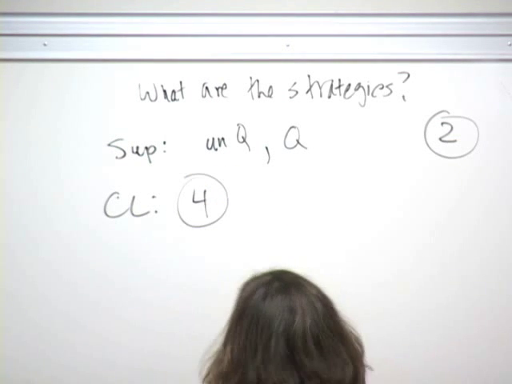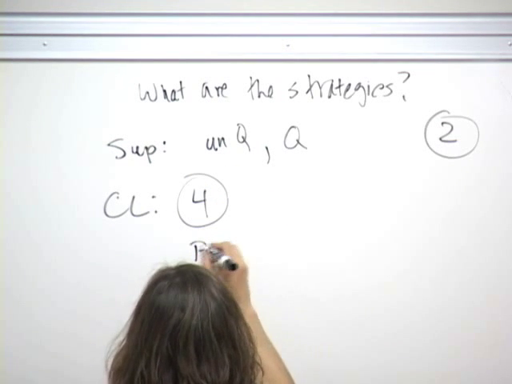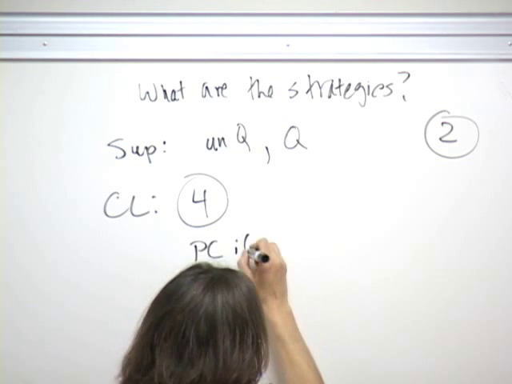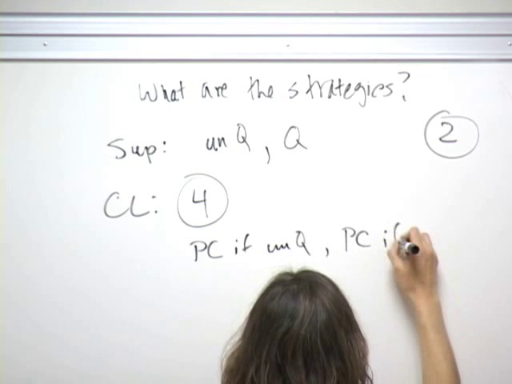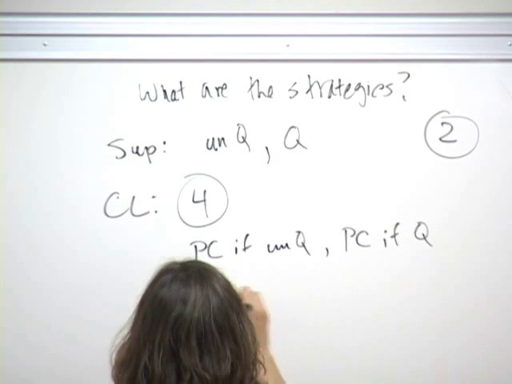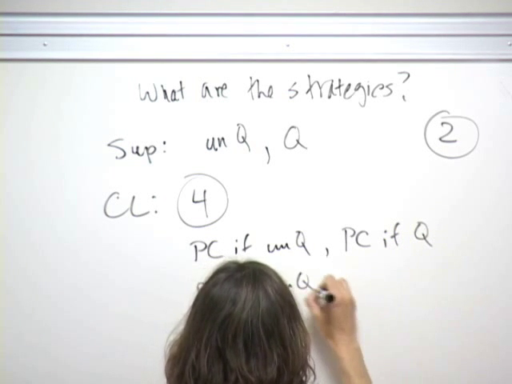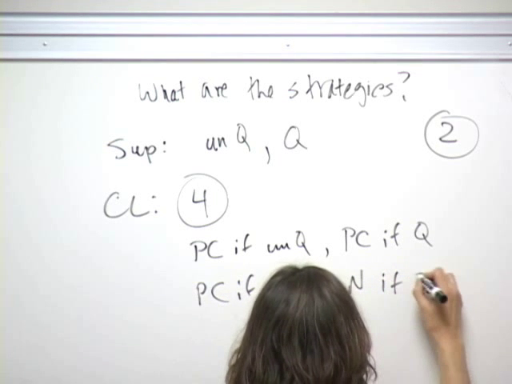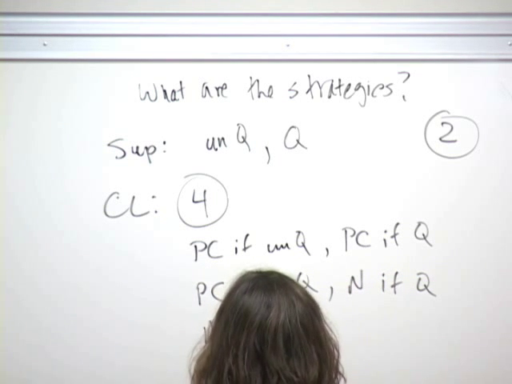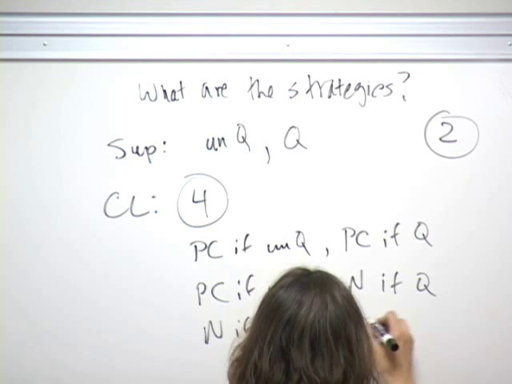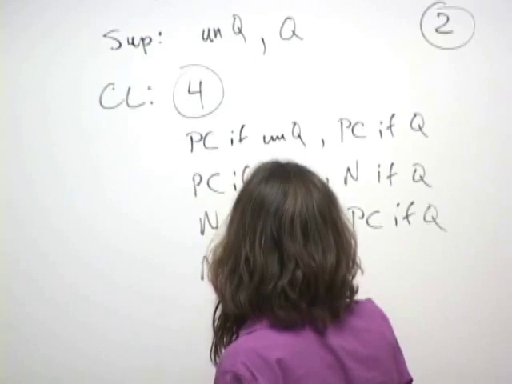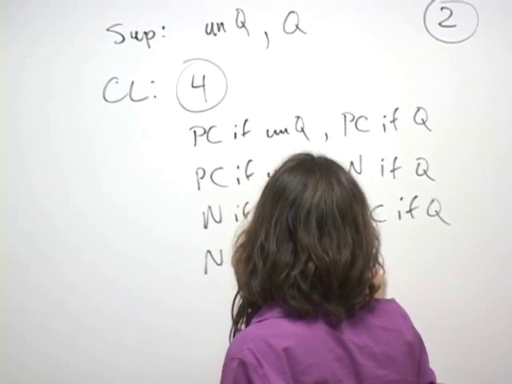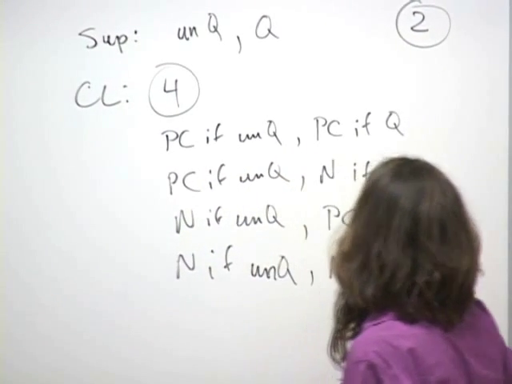The community leader strategies are PC if unqualified, PC if qualified; PC if unqualified, not if qualified; not if unqualified, PC if qualified; not if unqualified, not if qualified.